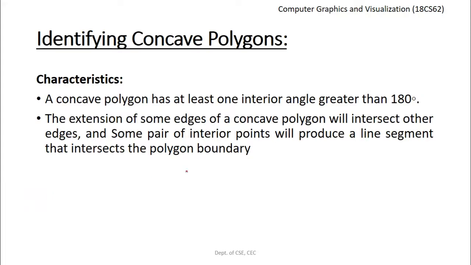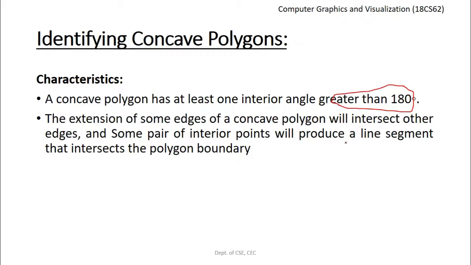Now the next step is how do we identify the characteristics of a concave polygon. As we just discussed, a concave polygon has at least one interior angle greater than 180 degrees, that is, the angle between at least one pair of edges is greater than 180 degrees. Second, the extension of some edges of the polygon will intersect other edges.